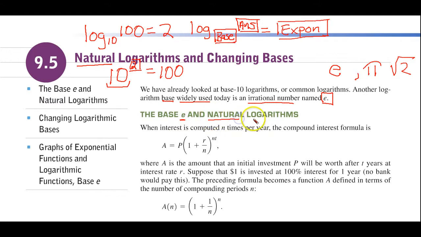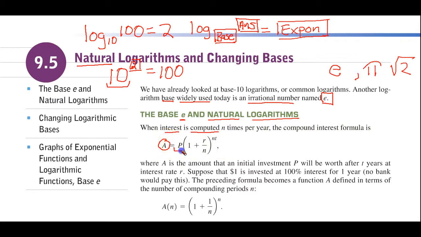and natural logarithms. Now, one of the formulas, if you were in finance, and finite math is a course I taught years ago, we use this formula quite a bit. And this is when interest is compounded or computed n times per year. The compound interest formula is this. This will be your amount at the end.